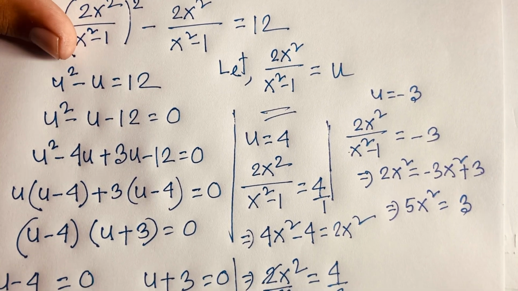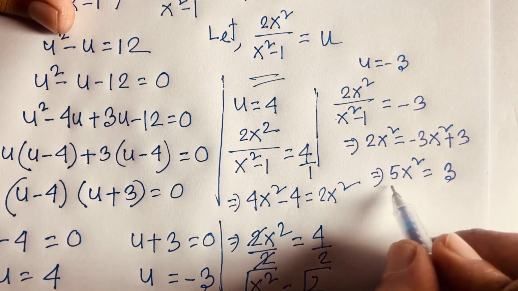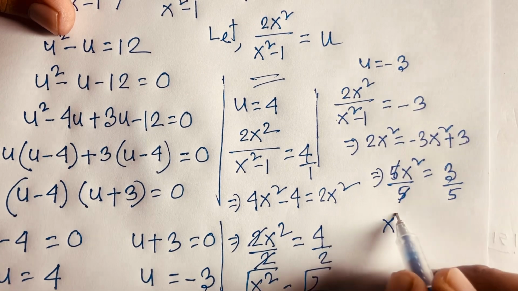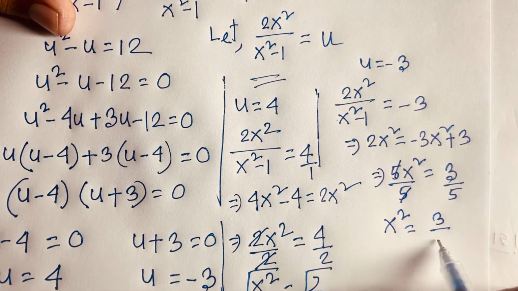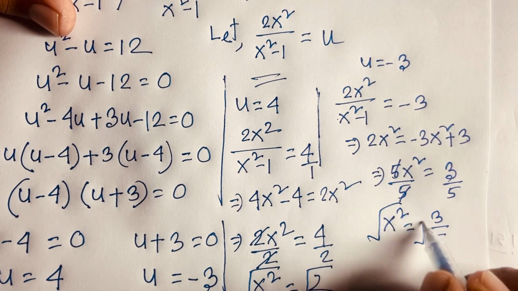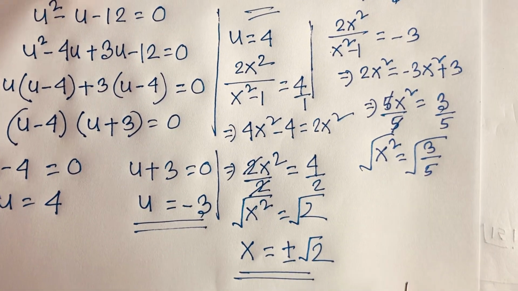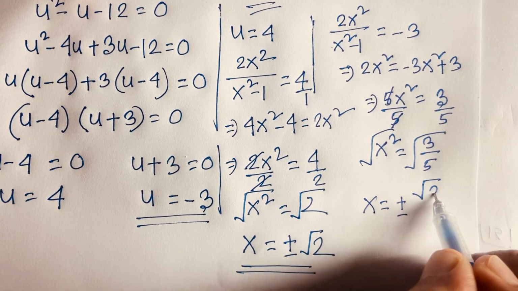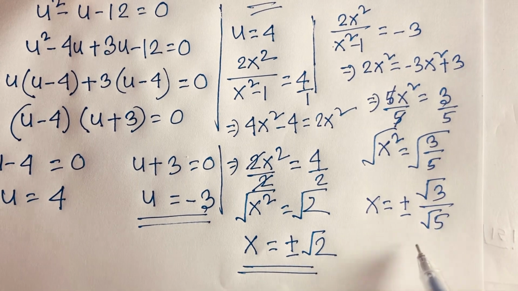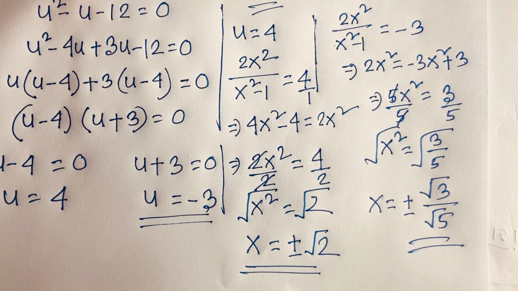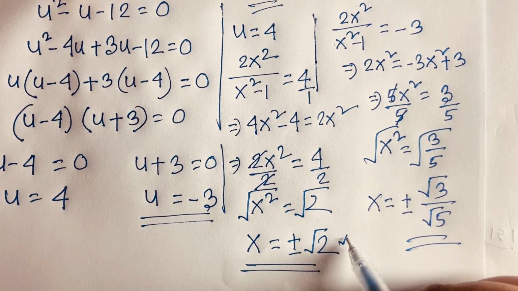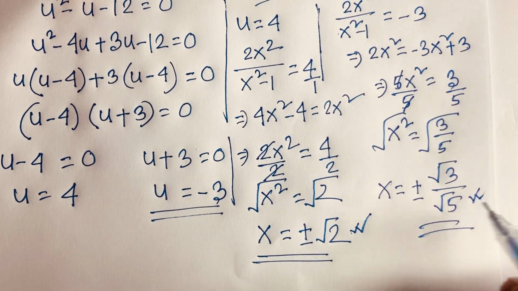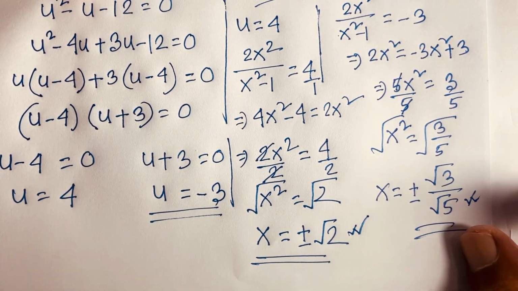Then if I divide both sides by 5, we find x² = 3/5. Then if I take the square root of both sides, x = ±√3/√5. So this is our other answer. So our answer is x = ±√2, and the other answer x = ±√3/√5.